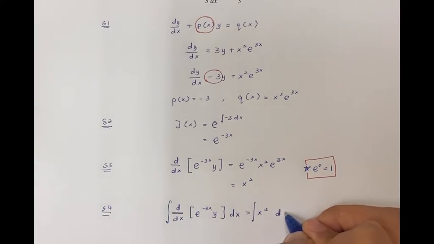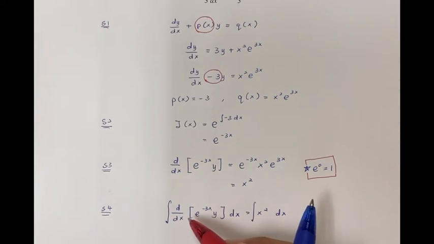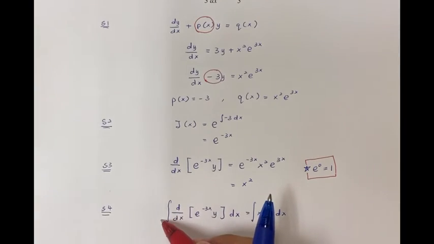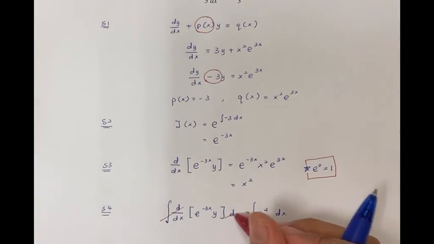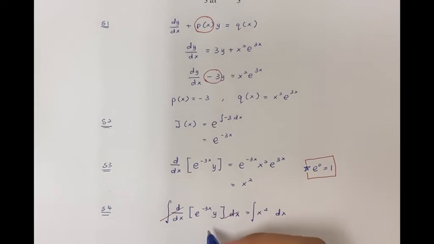Look at the left hand side. You have integration and differentiation, so it will cancel out. What is left on the left hand side is e^(-3x) y equal to the integral of x squared dx.